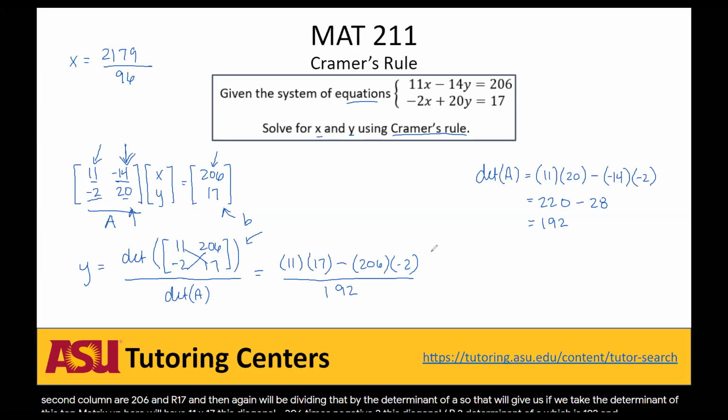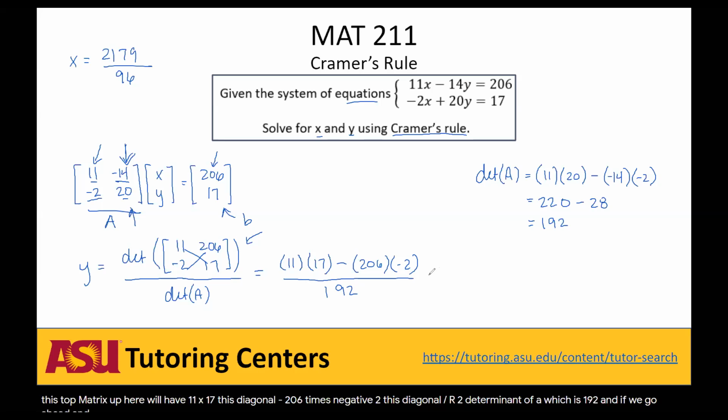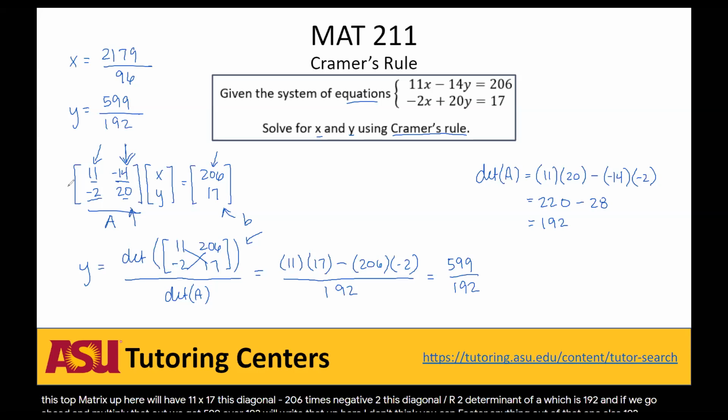If we multiply that out, we get 599 over 192. We'll write that up here. I don't think you can factor anything out of that one, alas. So that is our solution.